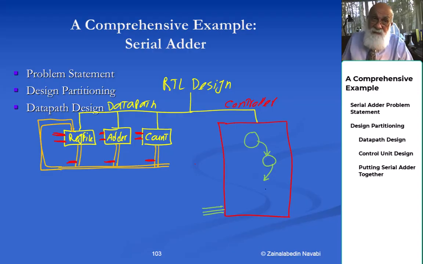It is a state machine that may have 10 inputs, 20 outputs. But again, basically the same thing as a state machine. It makes decisions, waits for inputs, and then issues certain signals. Waits for some other input, issues some other signals.